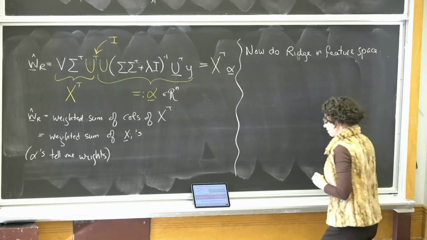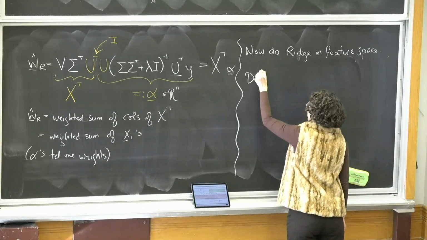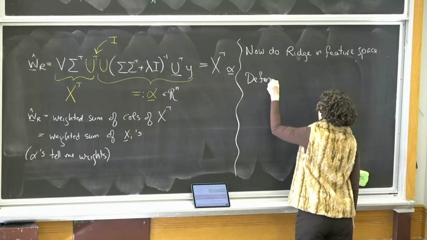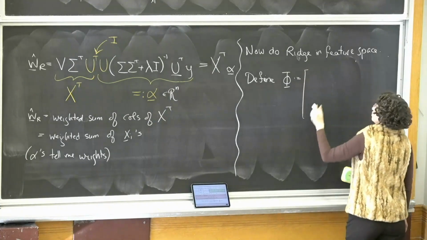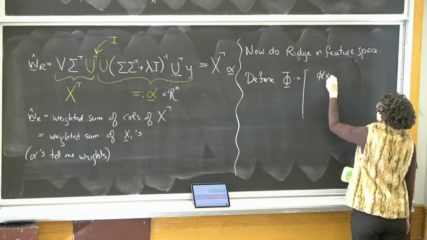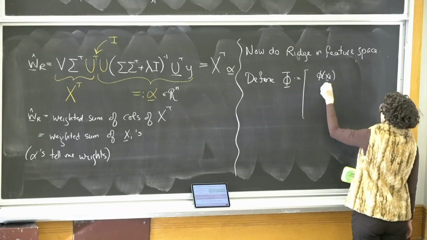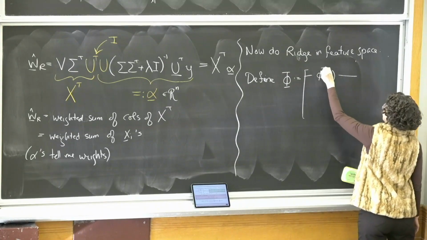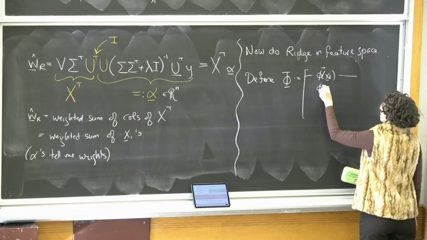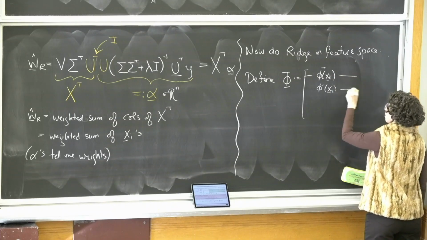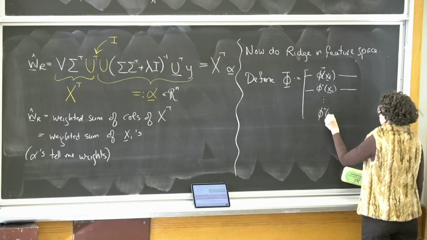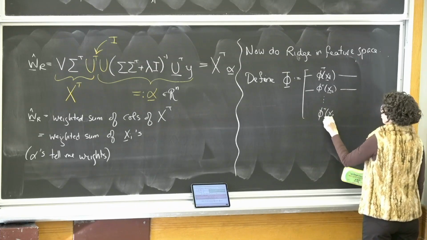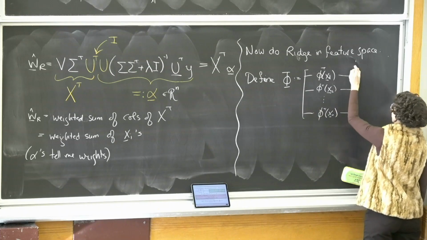So specifically, we are going to define a new matrix, capital Phi, which is simply phi of my first training vector transpose, and then phi of my second training vector transpose, all the way to phi of my nth training vector transpose.